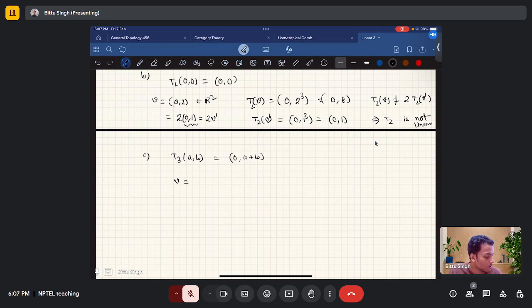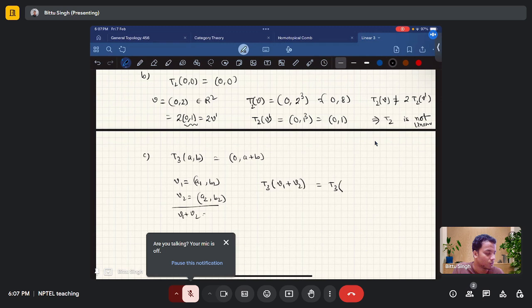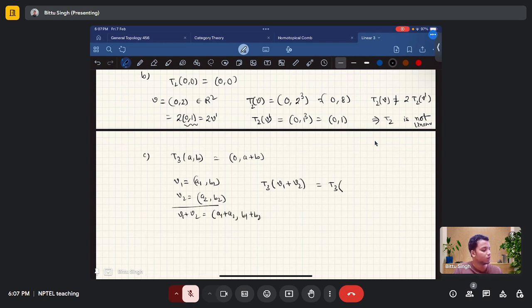Take two vectors, V1 equal to A1 comma B1 and V2 equal to A2 comma B2. Then T3 of V1 plus V2, where the addition is coordinate-wise, A1 plus A2 comma B1 plus B2. By definition star, this is 0 comma A1 plus B1 plus A2 plus B2.